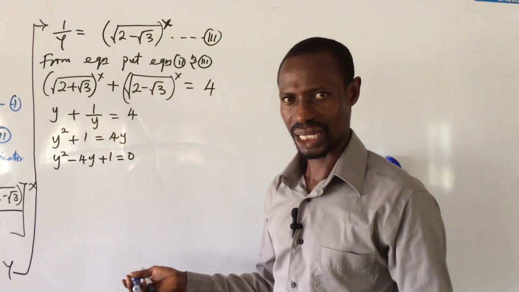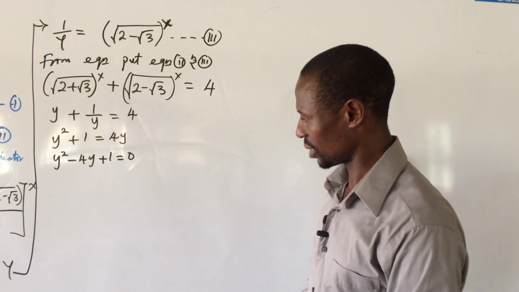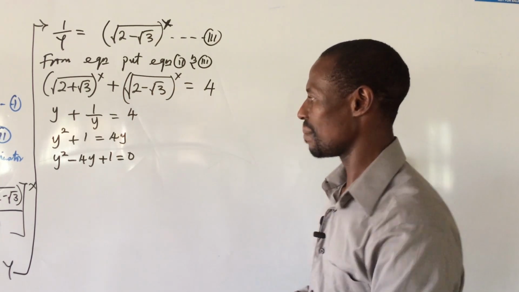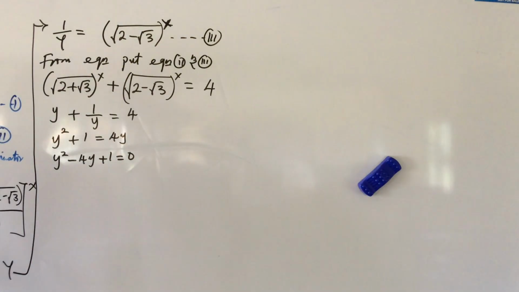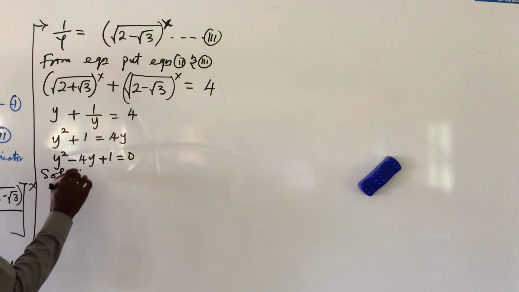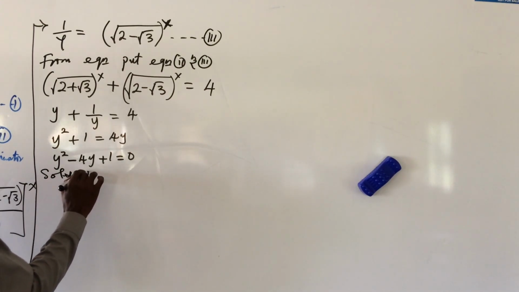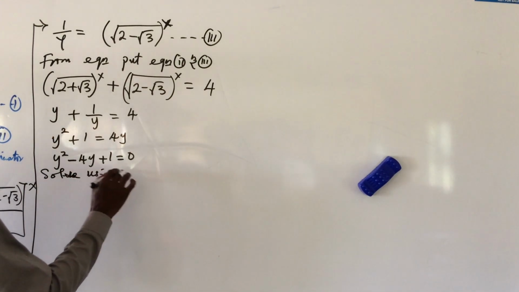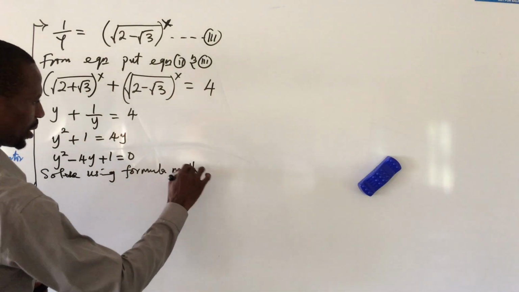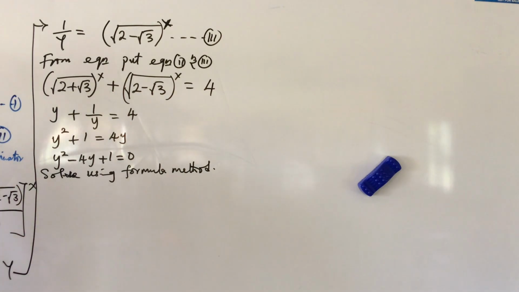Okay, now, you know this is a quadratic equation. So we solve this quadratically, and we cannot use the factorization method. So the best method to use here is the formula method. So using the formula method, we now say solve using formula method. So we have to put our formula. What does it say?